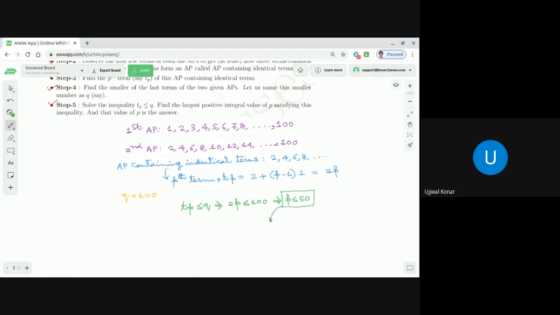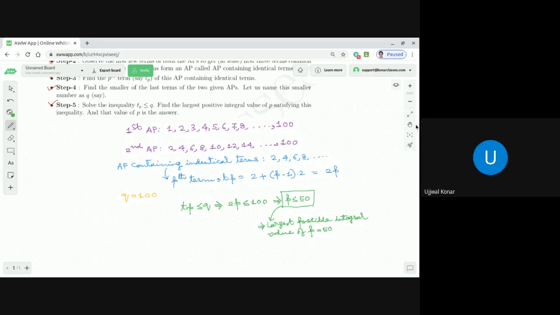So from here, we can conclude the largest possible integral value of P is equal to 50. So 50 is the answer.